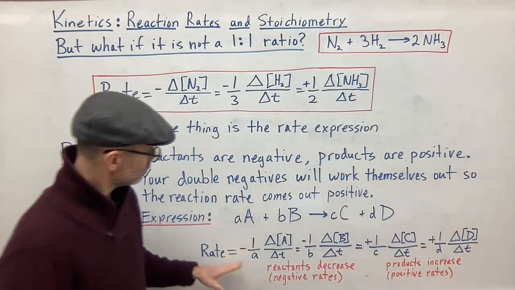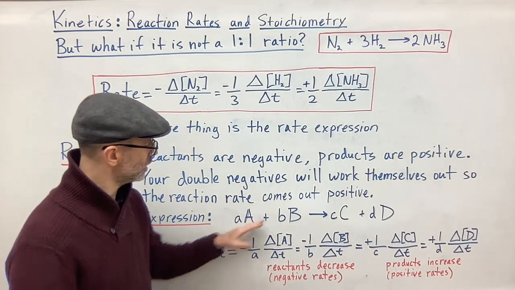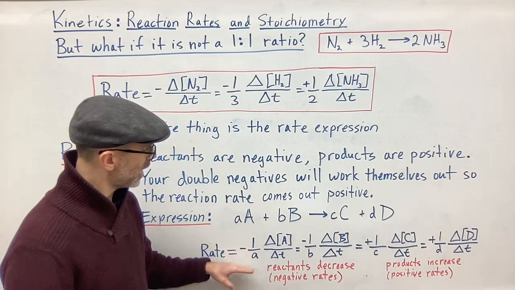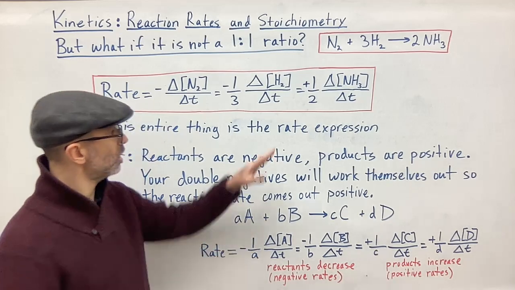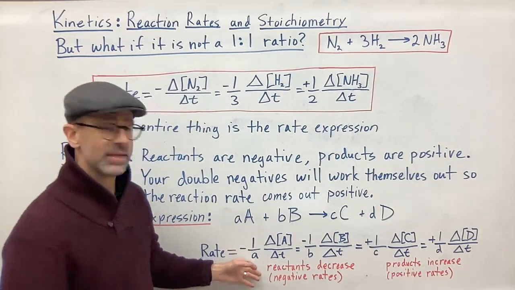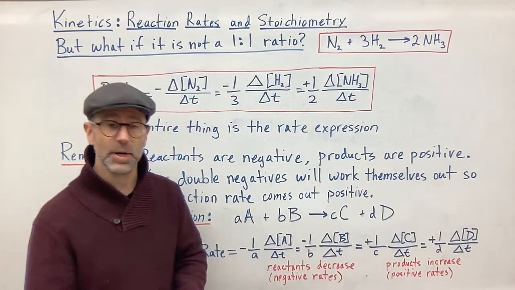And so if you want to express it correctly, then you have to multiply by the reciprocal of your coefficient. Basically, you're dividing by the coefficient in the expression.